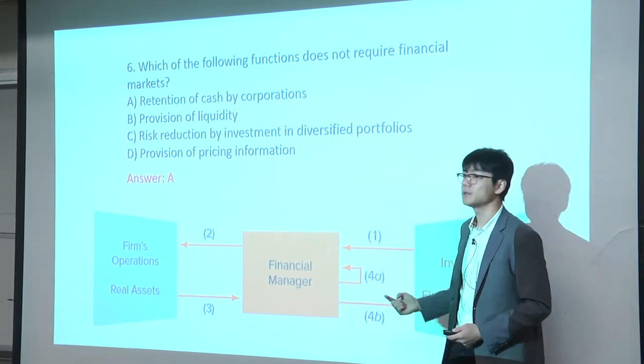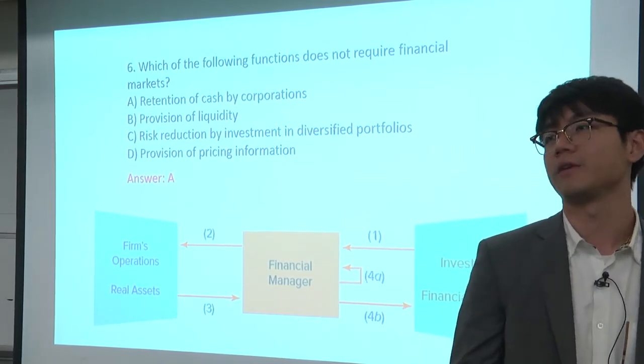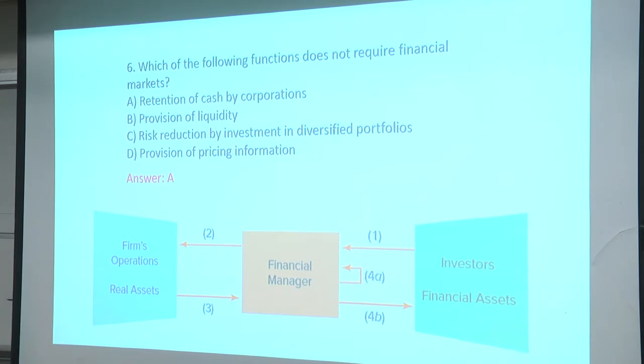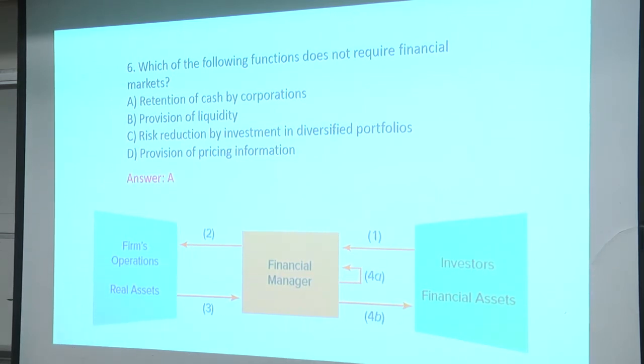There are two options the manager can choose: either give some money back to the investors or retain some money back into the firm. So 4B is the dividends, and 4A is the retained earnings.